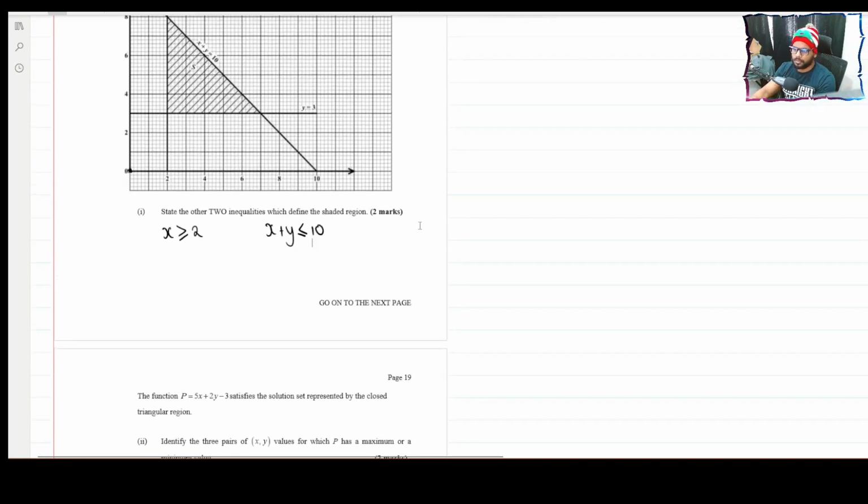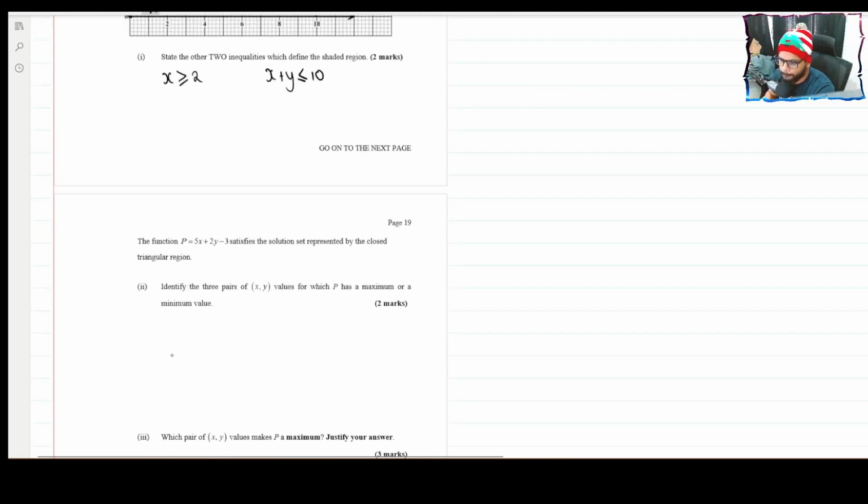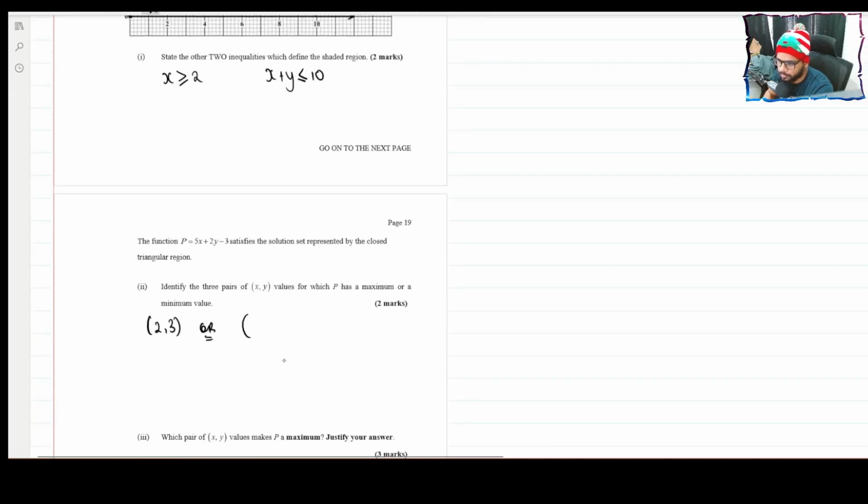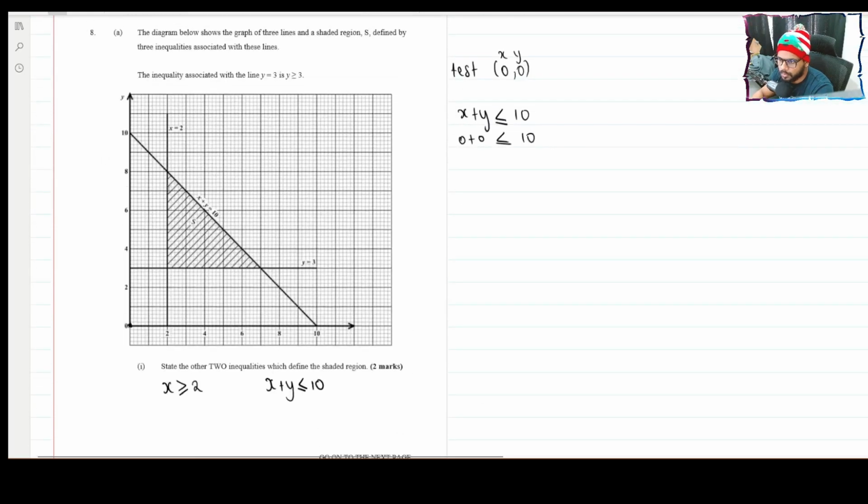So the three vertices are 2, 3, or another point is 7, 3, or another point is 2, 8.